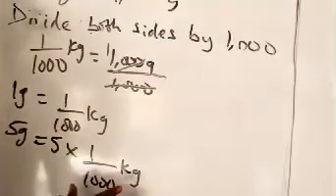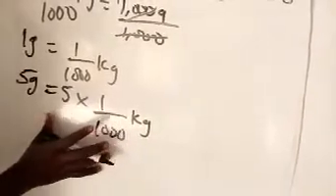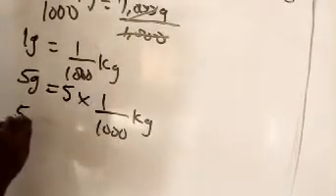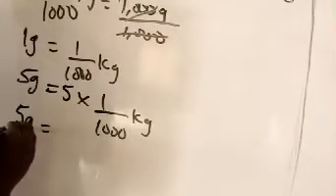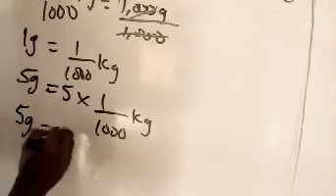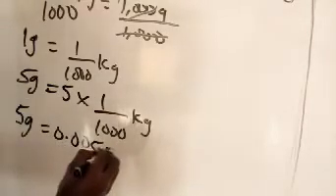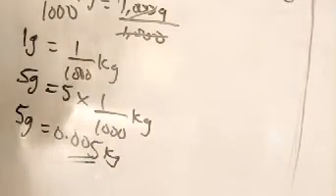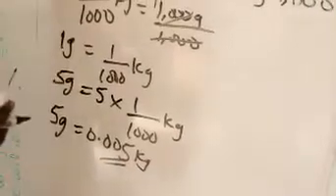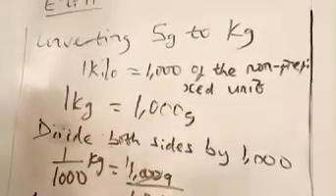You could stop at this point, or you could further express it in decimal points, and you'll be saying that 5 grams is equal to 0.005 kilogram. So with this, we've successfully converted 5 grams to kilogram. Now if you follow this example, you'd be able to convert from a non-prefix unit to a prefix unit.